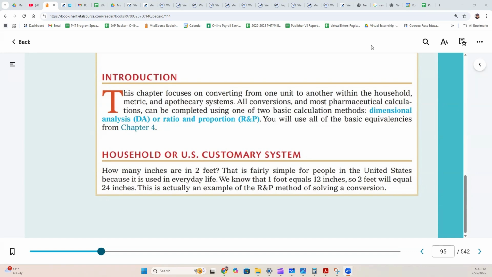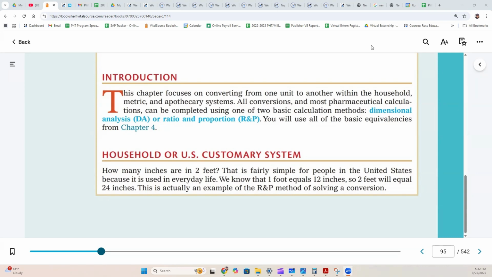I learned ratio and proportion, and I think it's much simpler. But the newer way that some students learn how to do these in school is dimensional analysis. So whatever works best for you. The book does give examples of both, but I will just do examples using ratio and proportion. So if you want to look at those examples, they are in the book.